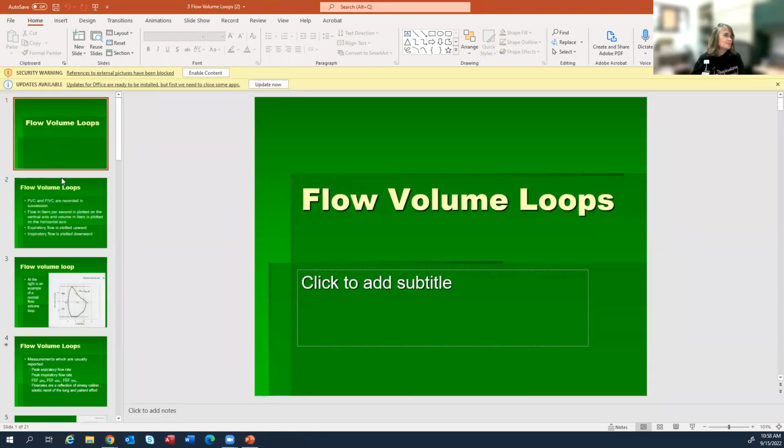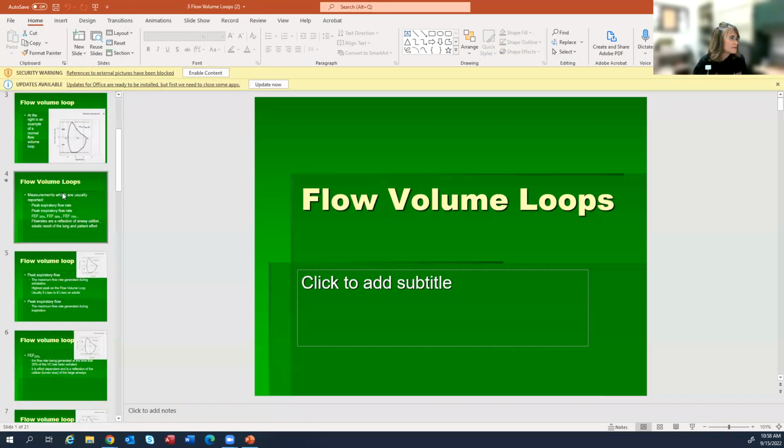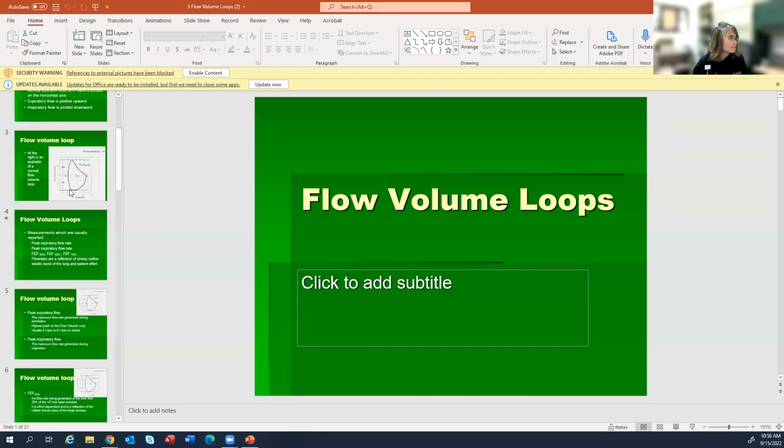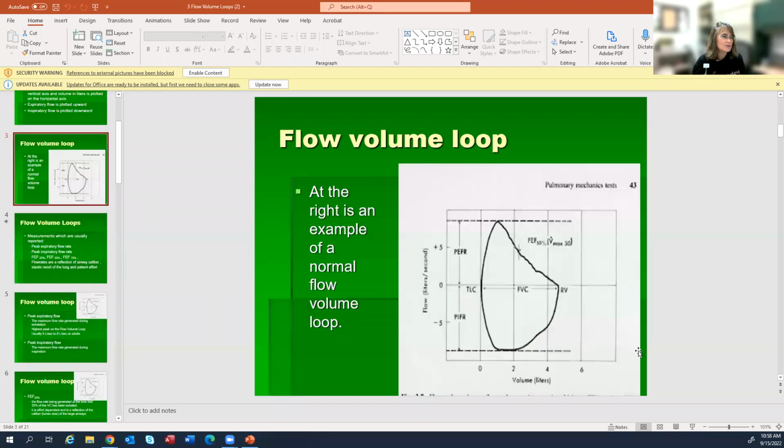For flow volume loops, just to go through the basics really quick, when you're performing the test, you take a deep breath in first, and your lungs are completely full of air, and that's the point that you start the test, when you first blow out.